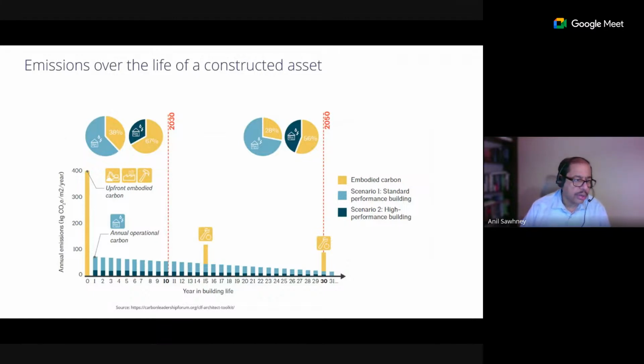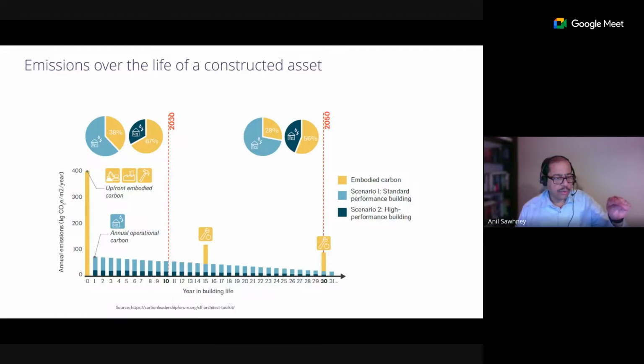Okay, so about 400 kilograms carbon dioxide equivalent per meter square per year. Okay, so annual emissions. But in year 0, you have 400 kilograms of carbon dioxide equivalent per square meter.